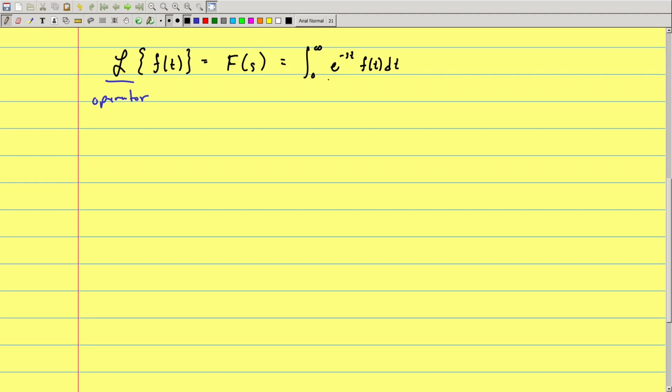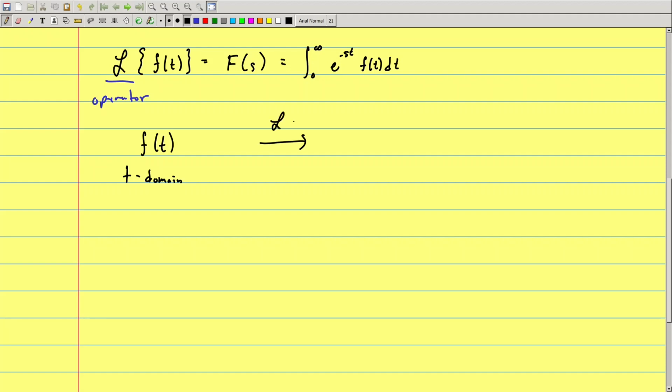And so the idea is that once we compute this integral, all of the t's are going to vanish. What we will have left is a function that depends only upon s. And so what happens is we start off with a function that is written in this language here. And this is sometimes referred to as being in the t domain.